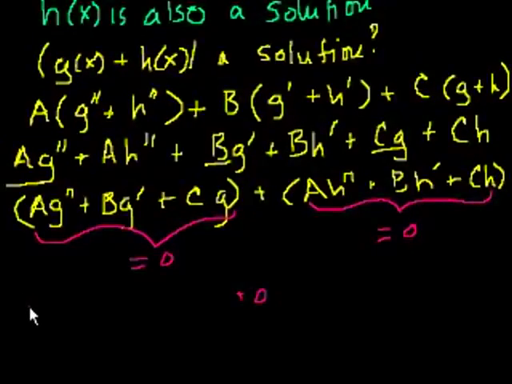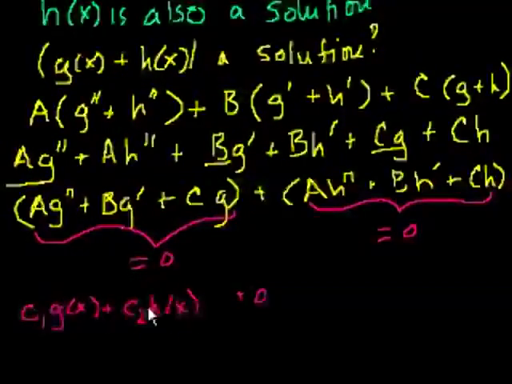So you could also say that some constant times g of x plus some constant times h of x is also a solution. And maybe the constant in one of the cases is 0 or something. I don't know. But anyway, these are useful properties to maybe internalize for second order homogeneous linear differential equations.